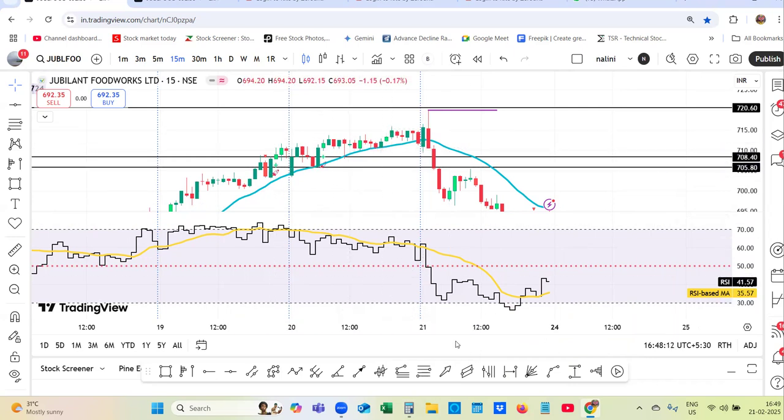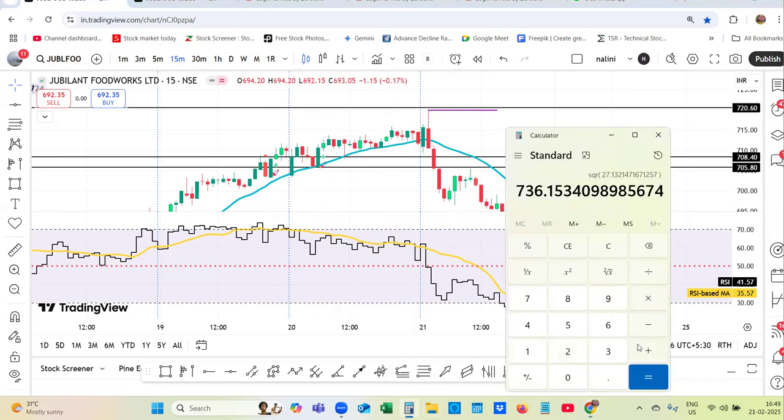If I check the 0.5, it may be a little less. 703 square root plus 0.5 is equal to, if I check, it is giving 729.